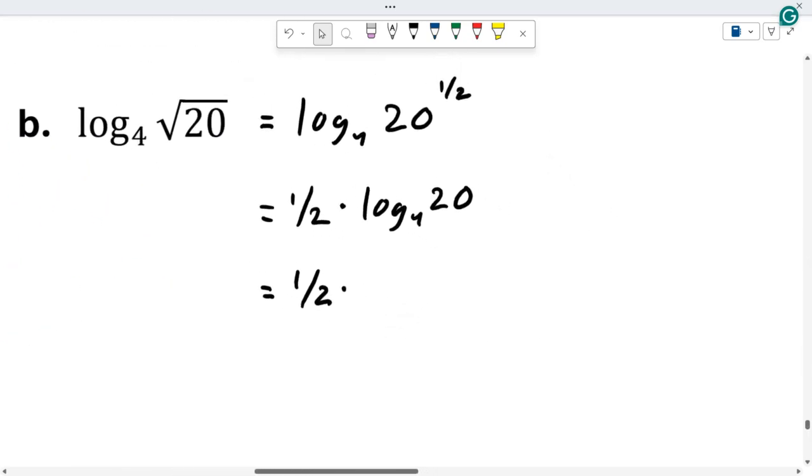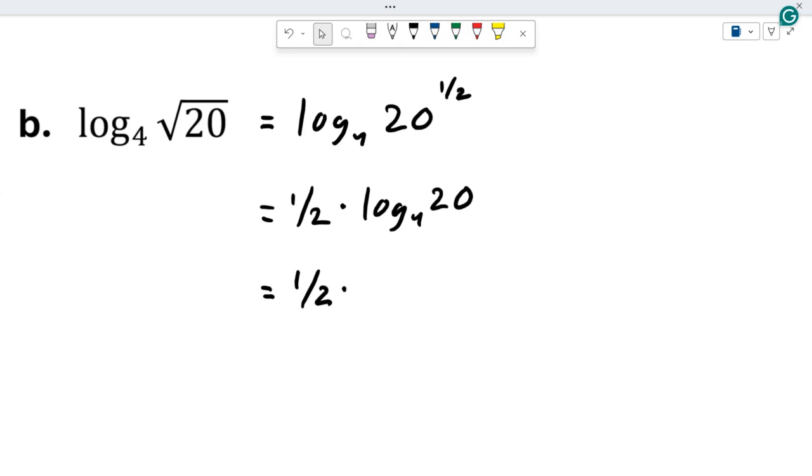If you think about the different properties of logarithms we've seen a couple times here, we've talked about the power rule, and we applied that in this problem, but I can't really apply the power rule again to get any closer here.